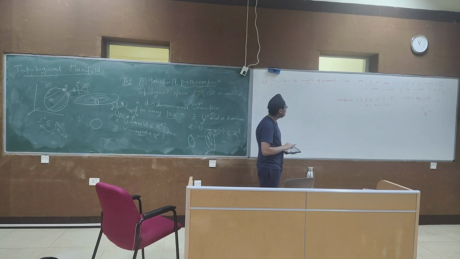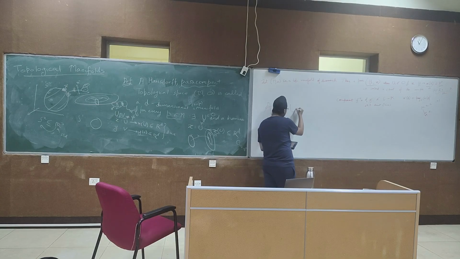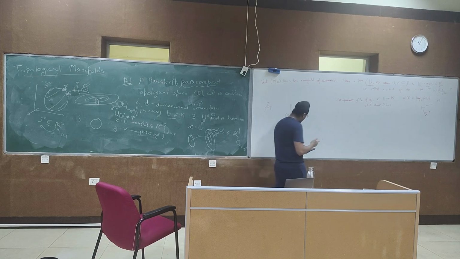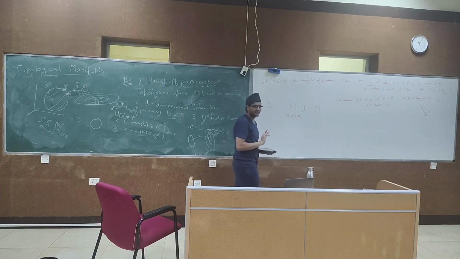Now, we have these charts equipped in the manifold M. So obviously there exists a set A called the atlas of the charts such that the union of all the open sets U, where (U, X) belongs to the atlas A, is equal to M. This is the definition of atlas.